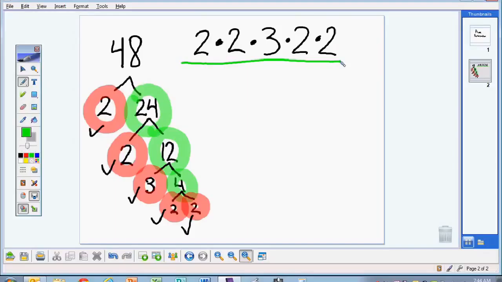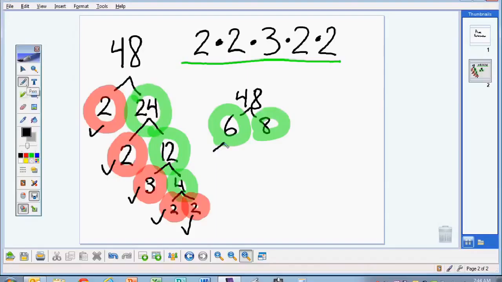Now, just to show you, I'm going to go through a little bit quicker this time. It doesn't matter what factor pairs you use and what order you do this in, as long as you find correct factor pairs. I could start with 48 again. I'm going to go with 6 and 8. 6 and 8 are both composite, so the process will continue for both numbers.